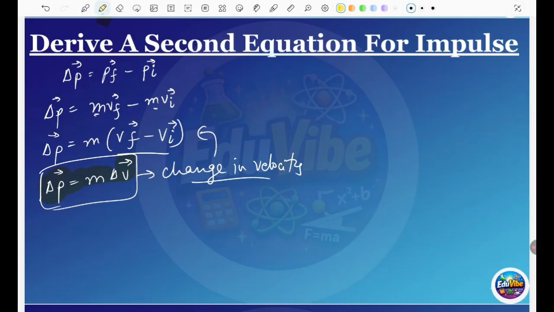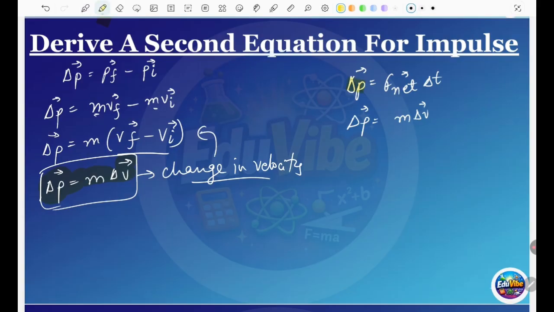For the third one, there's only one formula you have to learn. You know that delta p is equal to net force times delta t, and that delta p is also equal to m delta v.